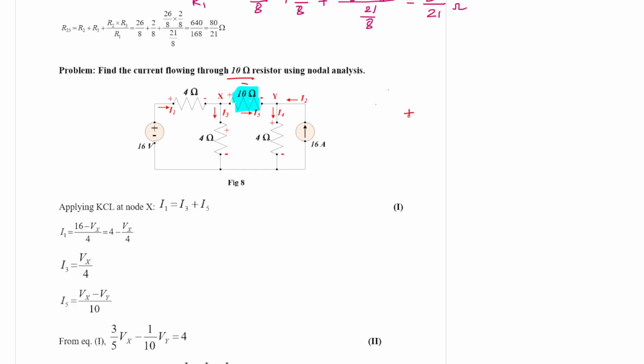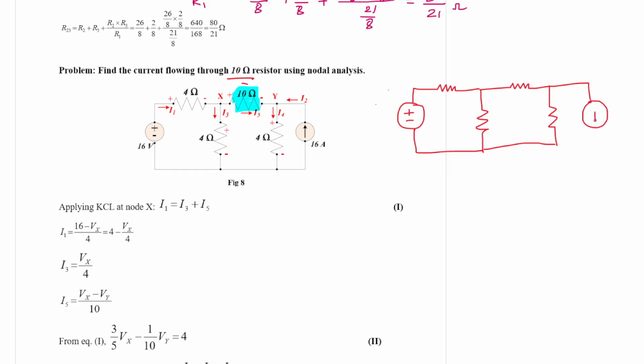We have a source. Let me draw the diagram first, then you can compare. So this is a simple circuit, and we need to evaluate the current. This is a 16 volt source.